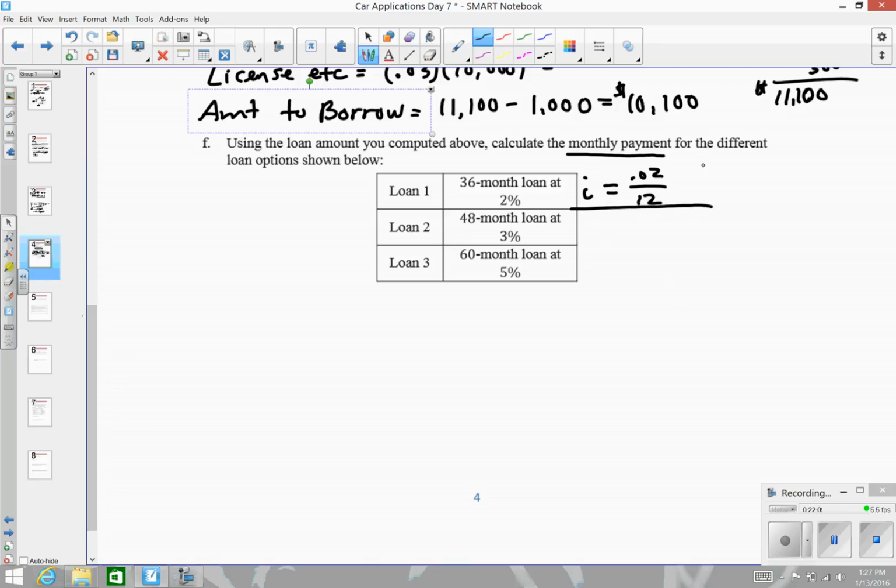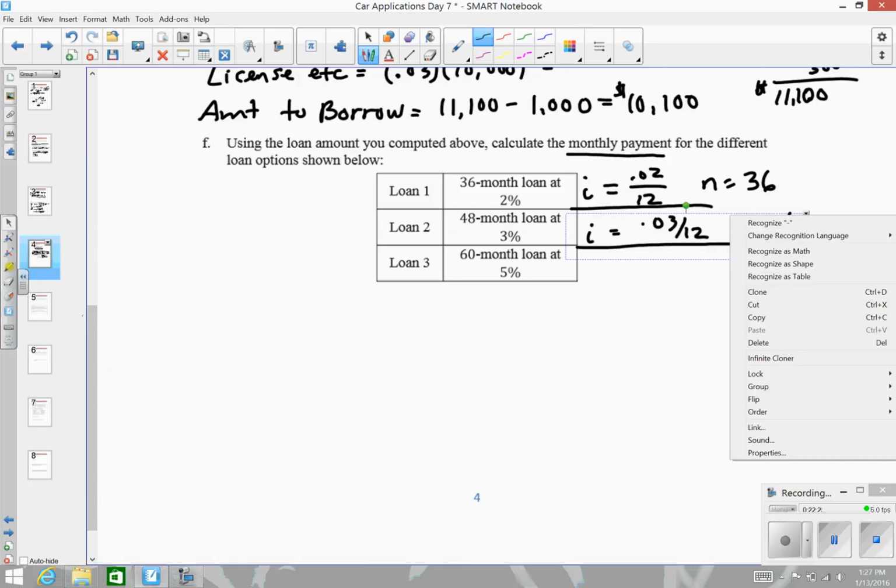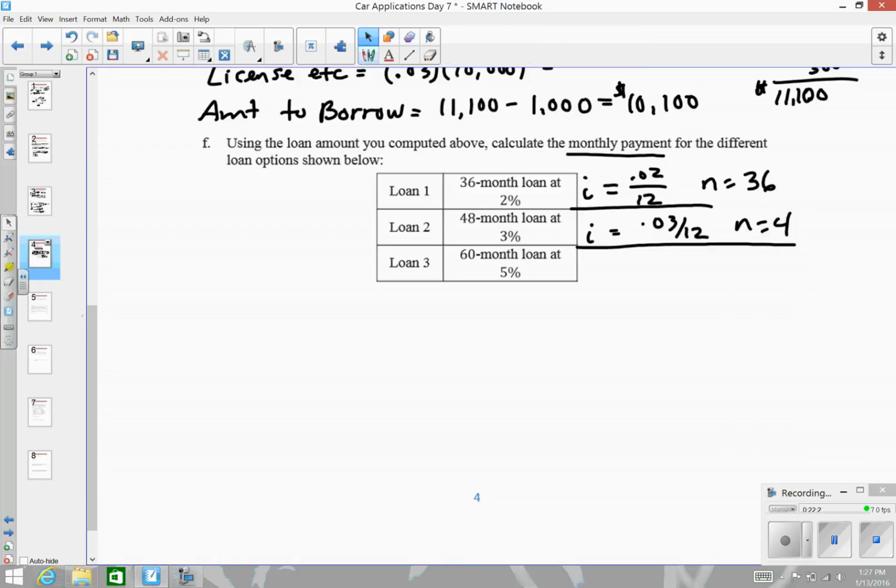And the number of payments on the 36-month loan, N, is 36. For loan number 2, 0.03 over 12 is my I value, and N is 48. And third loan, 0.05 over 12 is my I value, and N is 60.